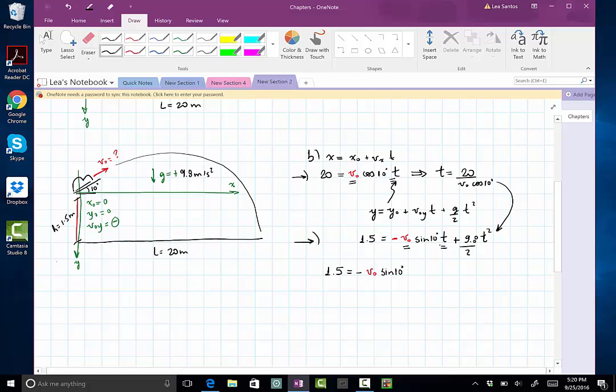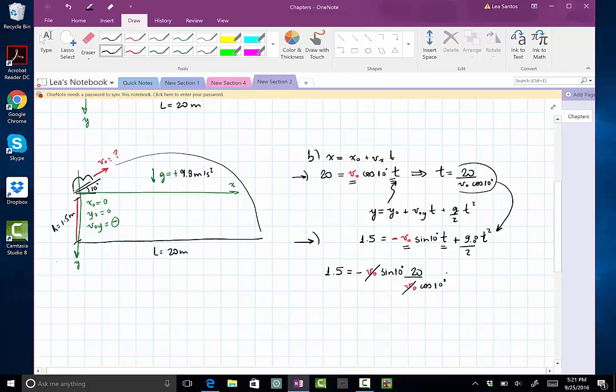The t, I'm not going to write t, I'm going to write the t that I isolated from the x equation. So I have here 20, which is just a number, divided by v naught that we want to find, multiplied by the cosine of 10 degrees. Okay, so you see everything here is numbers except for the v naught, and the v naught is up and down. We can cancel it. So everything here is just a number.